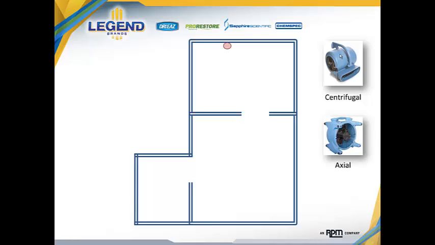There are a couple of air mover types that do that. The one that I'm going to pull out as an example here is the centrifugal type. If you're looking at the Legend Brands product line, that would be something like a Sahara. The other type that's important is then distribution over a large open area, which is typically best done with some form of an industrial axial that's been designed for surface airflow, and we'll take a look at that in just a moment.